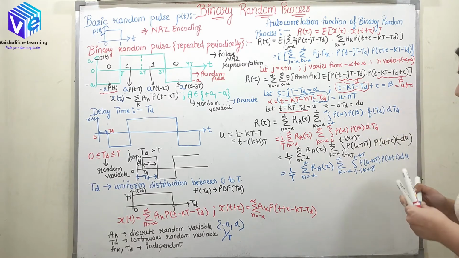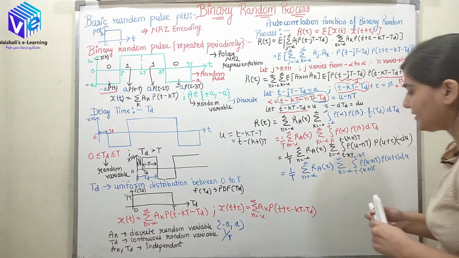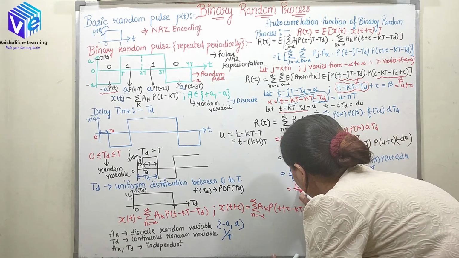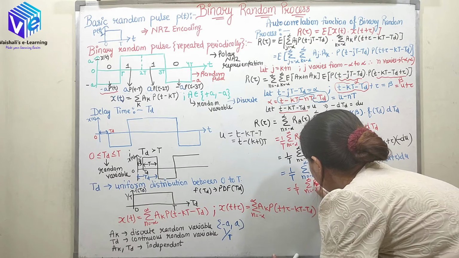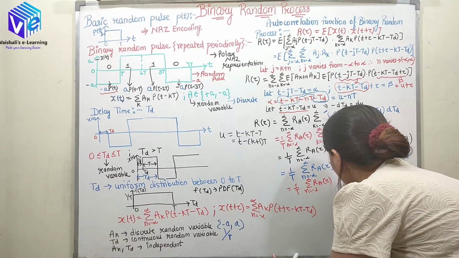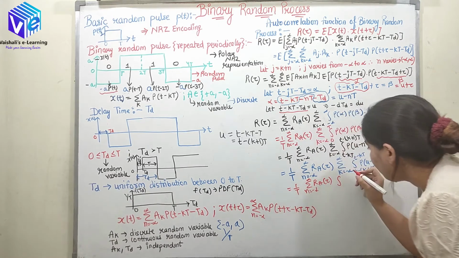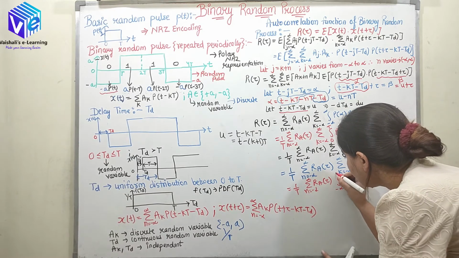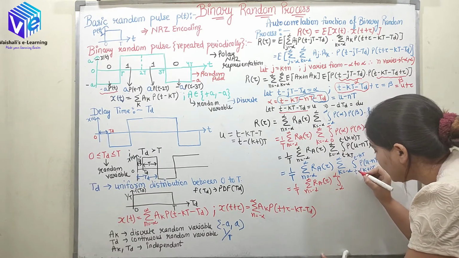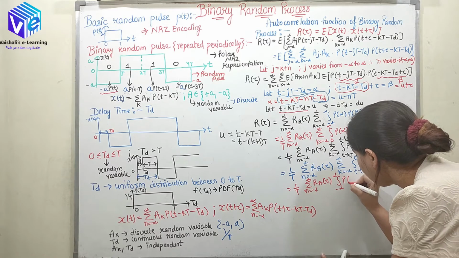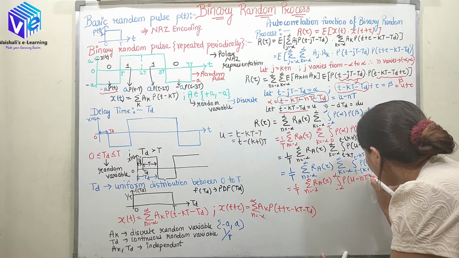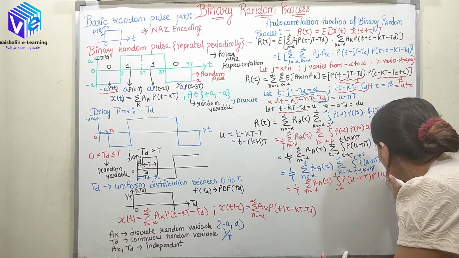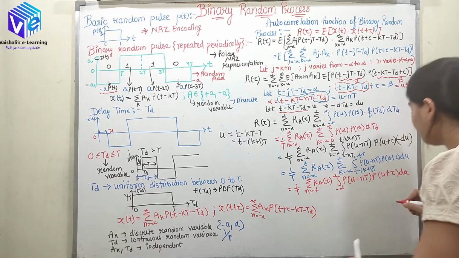Now I am changing k from minus infinity to infinity, so the integration limits will change, and I will have minus infinity to infinity p(u minus nT) p(u plus tau) du.